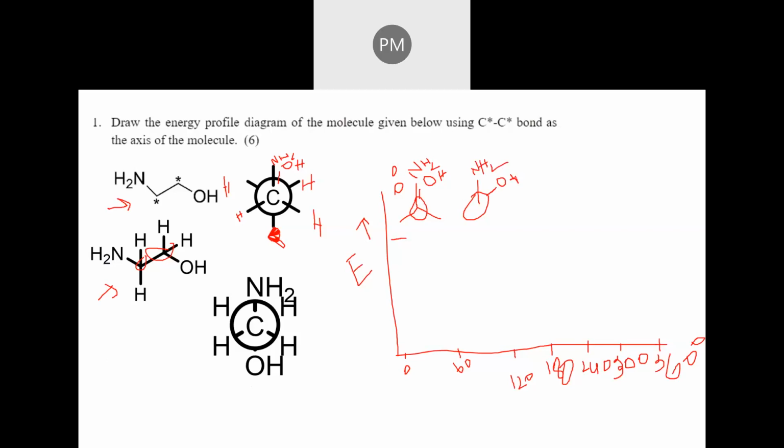For this case, what will happen? This is 60 degrees, but here this one will be stabilized, and further stabilization happens due to hydrogen bonding. This OH hydrogen is bonded to the nitrogen, or this hydrogen is bonded to oxygen. So this will be a more stable conformation, and the energy will be like that. Then another 60-degree rotation, so what will happen?